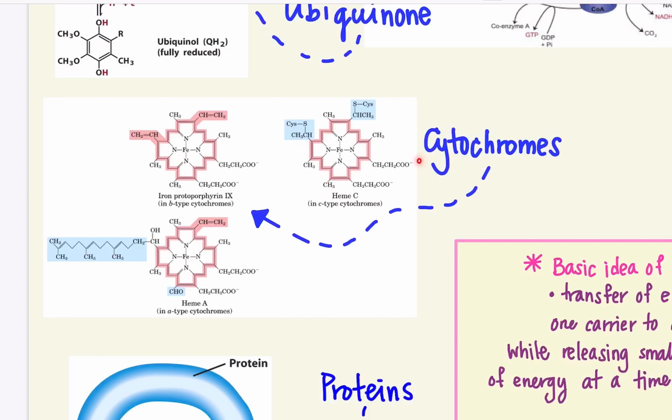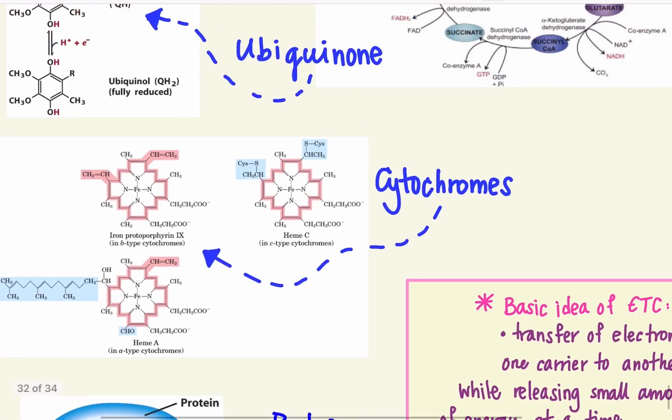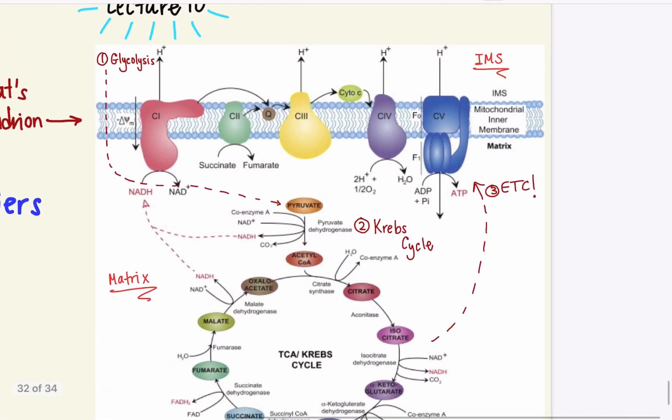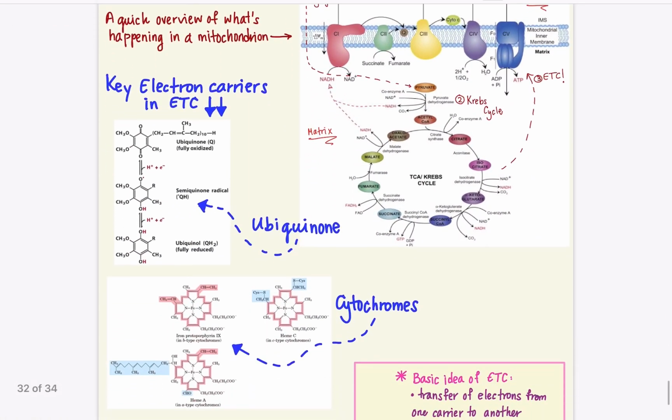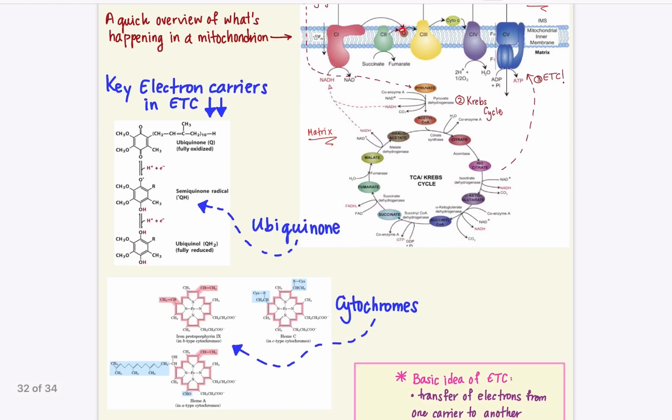What's cool about cytochromes is that they can also change their colors depending on their oxidized or reduced forms. This structure is present in cytochrome C, which is over here in the electron transport chain for reference. So we've so far talked about coenzyme Q and cytochrome C.